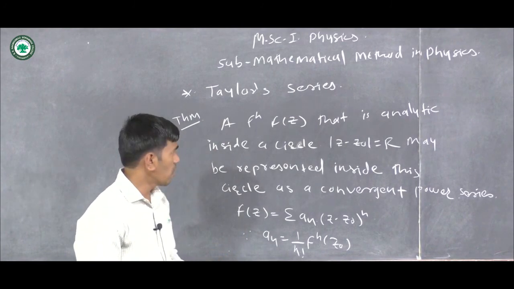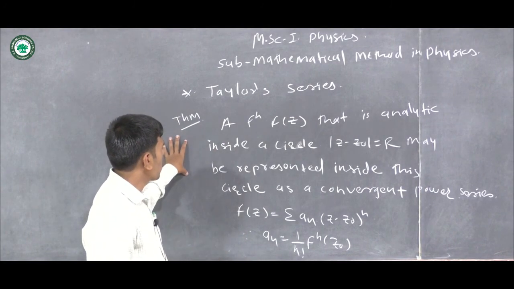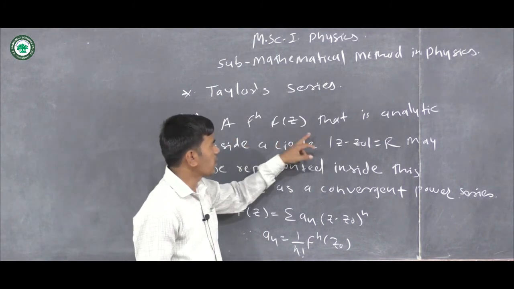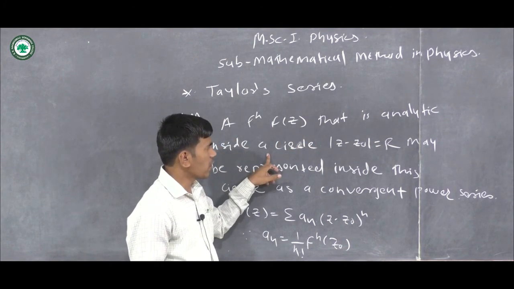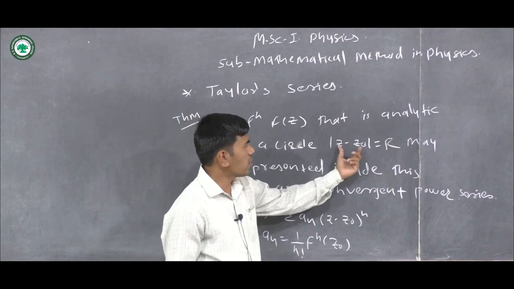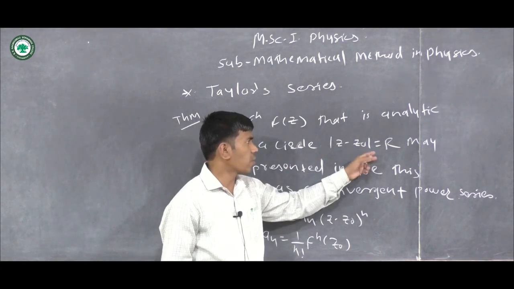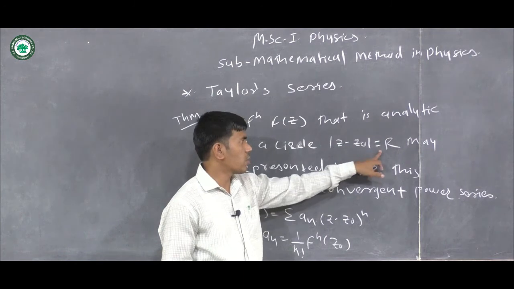This is a theorem for functions f(z) that are analytic inside the circle |z - z0| = r.